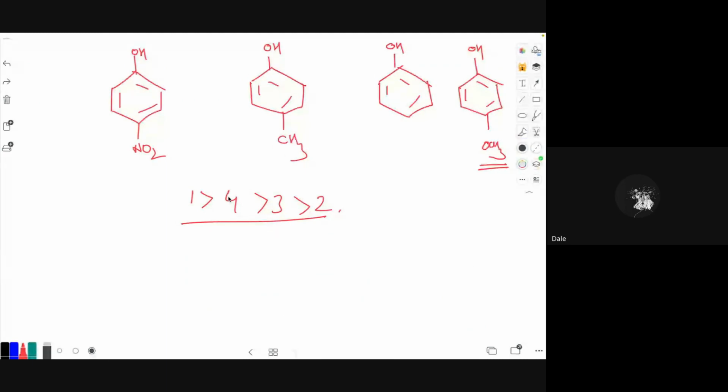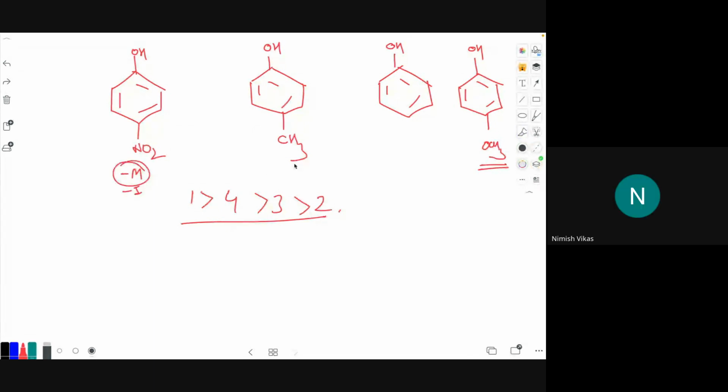So one will be the most stable. Sanskriti, what will be the order over here? So one has minus M and minus I. Which will be more dominant?